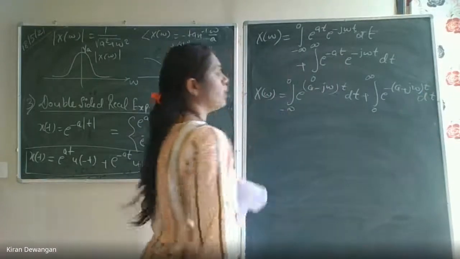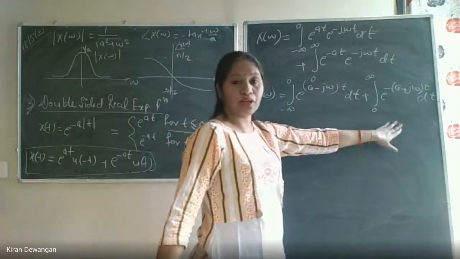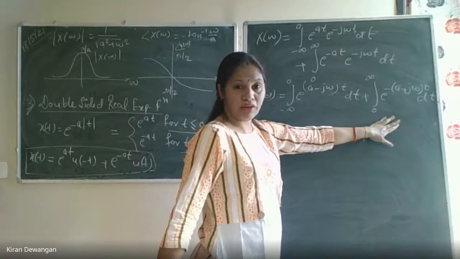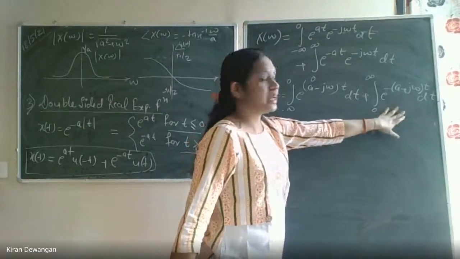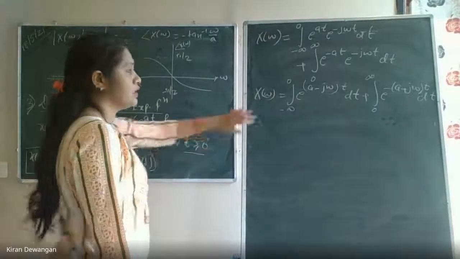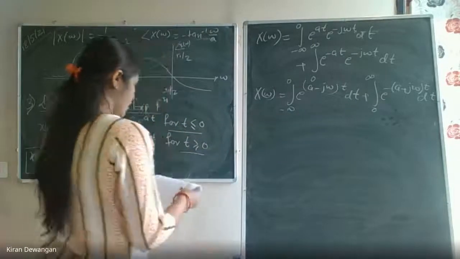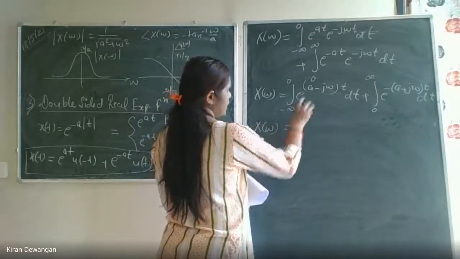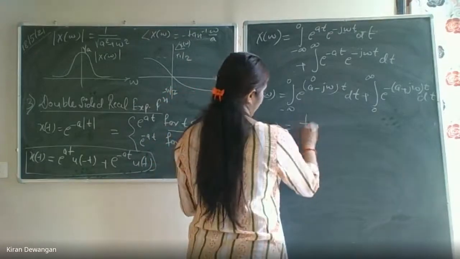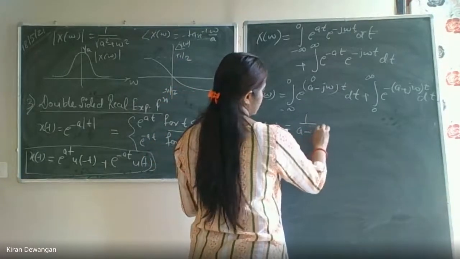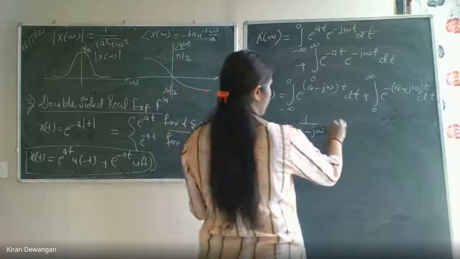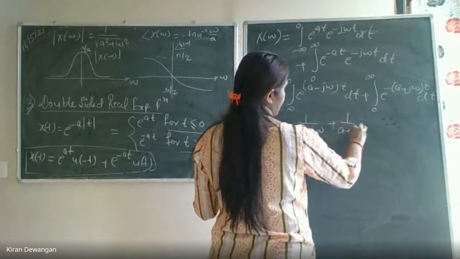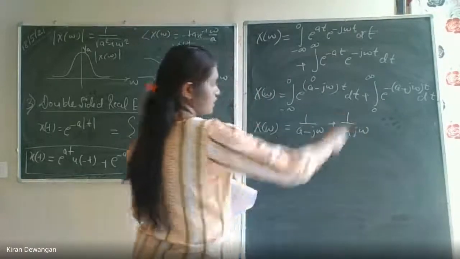This part we have already done, right? This is the part that we did right now for the one-sided real exponential function. Now this is the added part in it, and find out X of omega. This part will give 1 by (a minus j omega) plus 1 by (a plus j omega) for the second part.